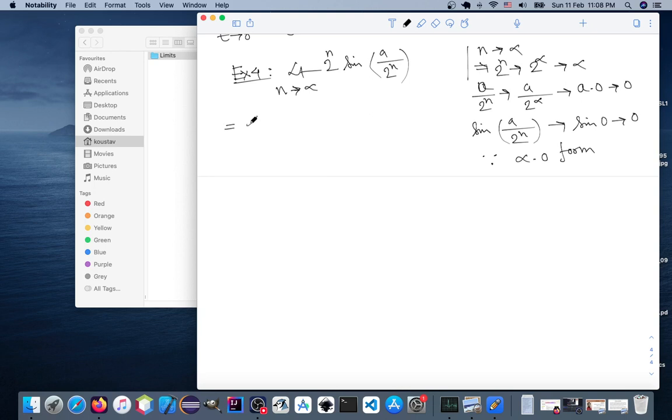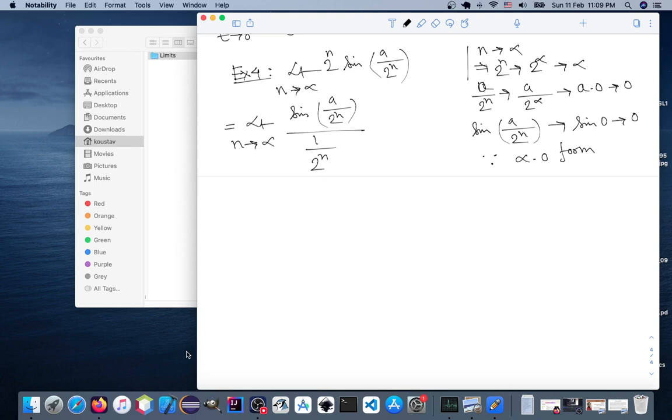So this is the limit. We can bring the 2 to the power n down: sine a by 2 to the power n divided by 1 by 2 to the power n. And we see that clearly it has the form sin x by x, with x tending to 0. But we have to adjust, since over here we have a by 2 to the power n.